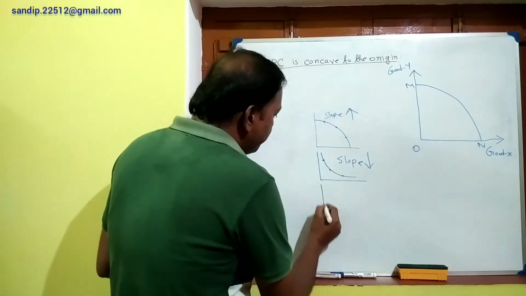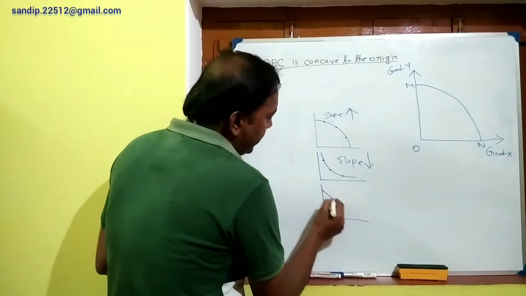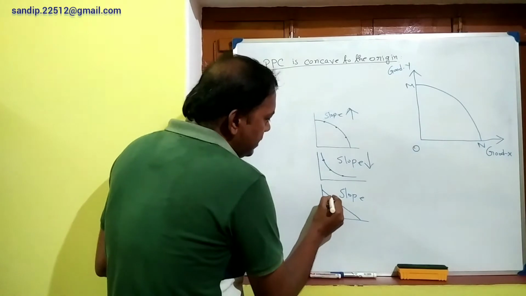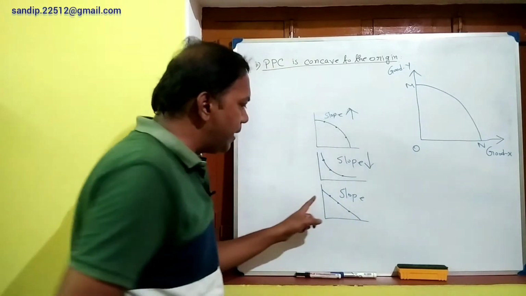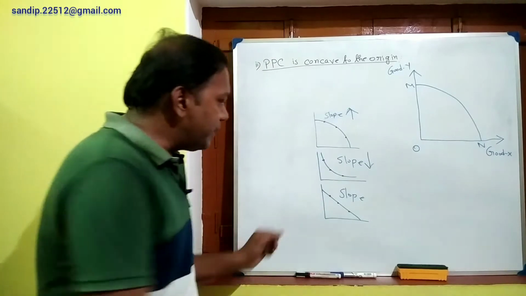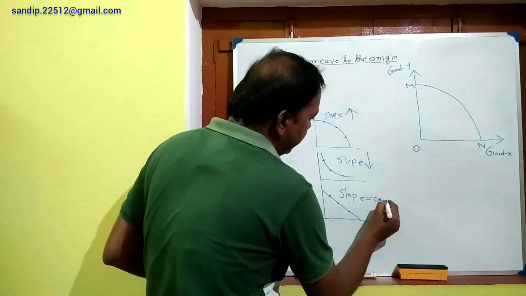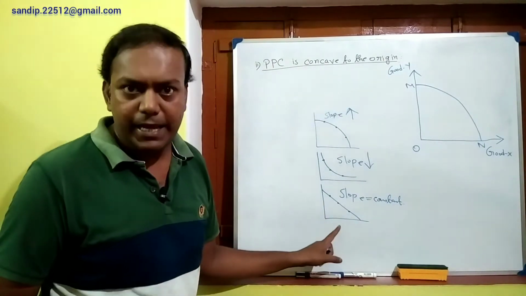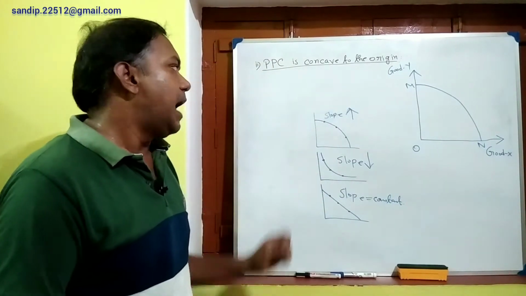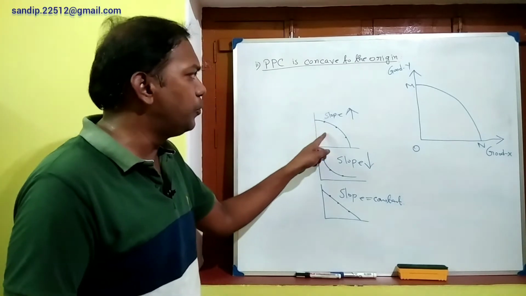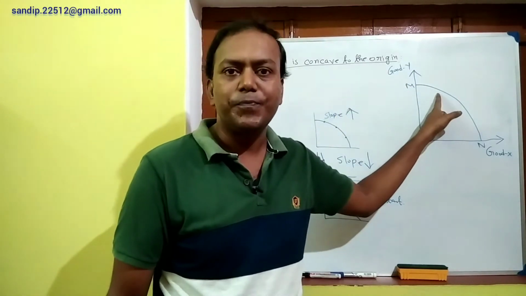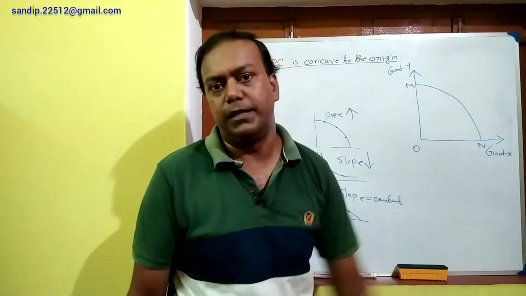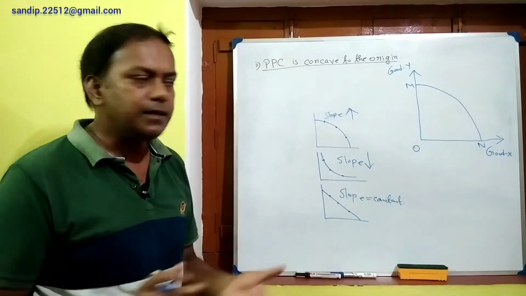And similarly, for a straight line, if we move from left to right along the curve and its slope remains constant at each and every point, then the curve becomes a straight line. So here I have to prove that the slope increases as we move from left to right. Okay, the idea is clear.